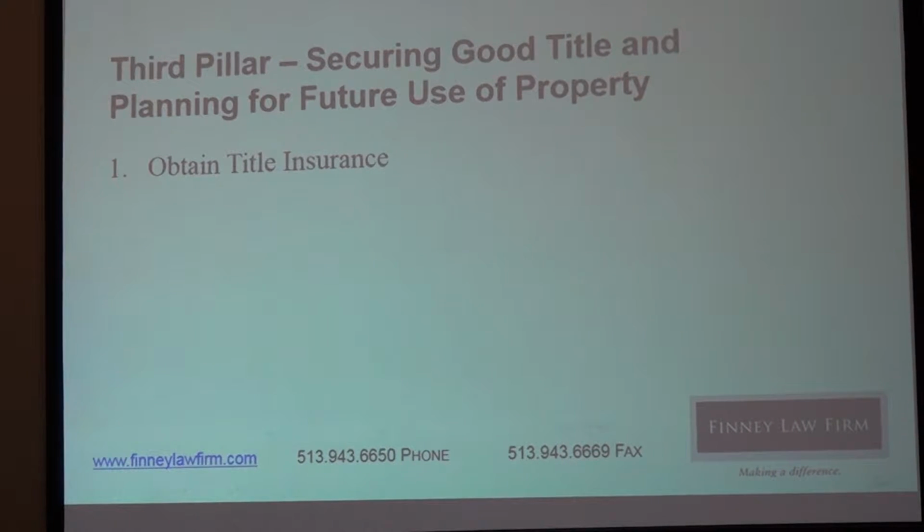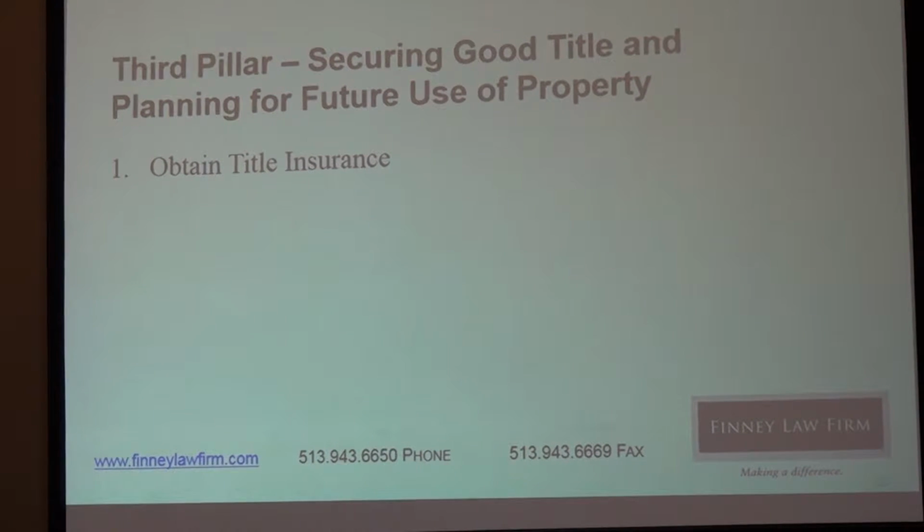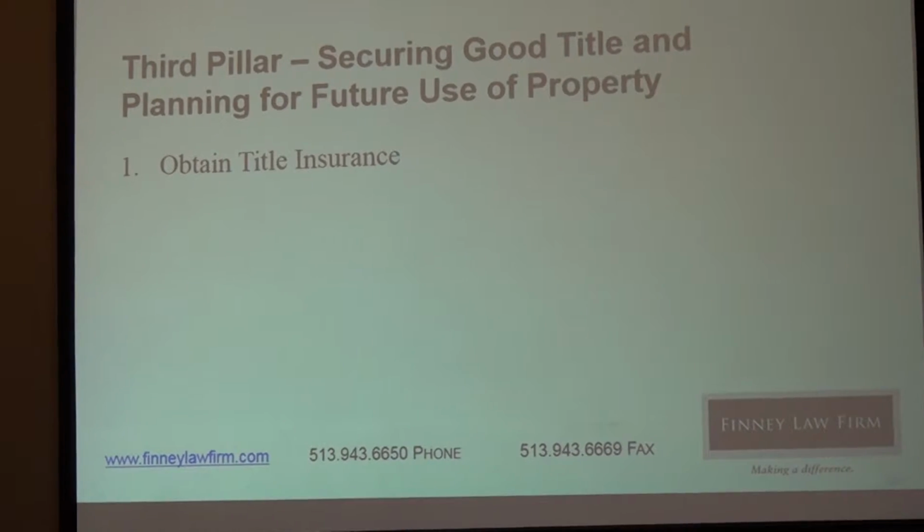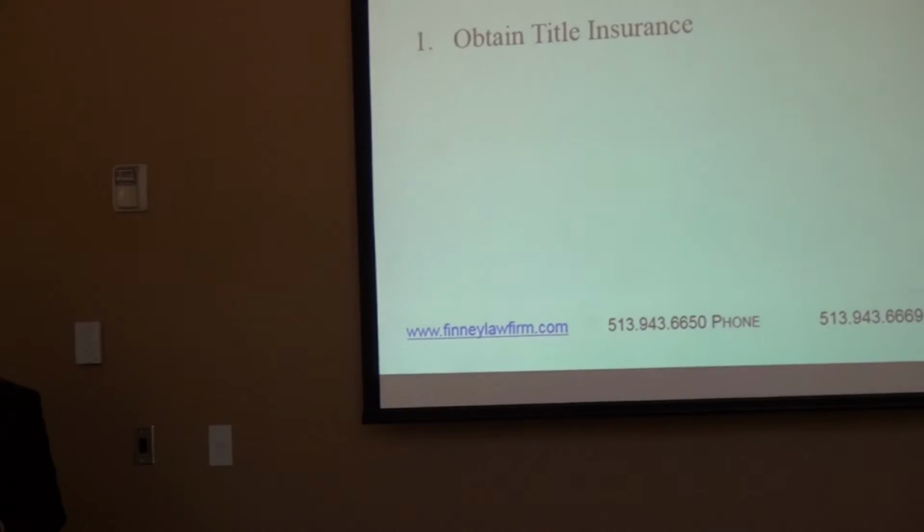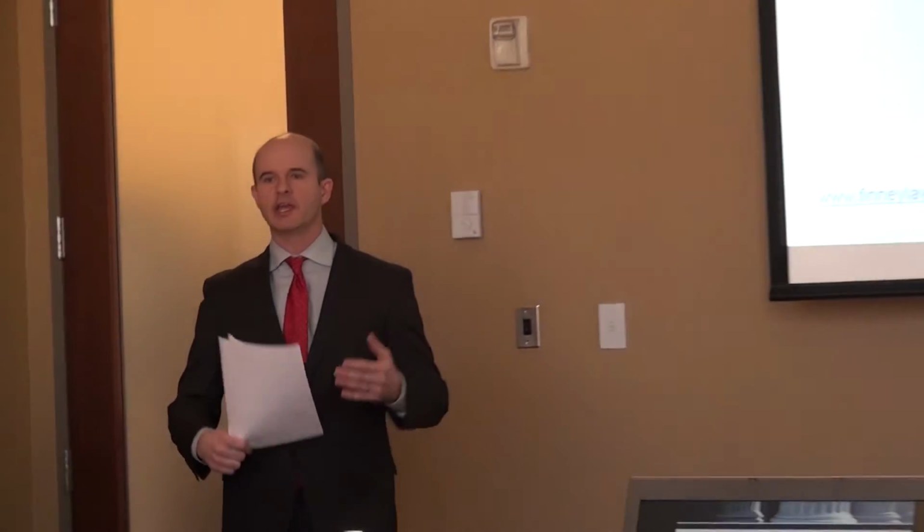So when you buy title insurance, it's basically an insurance policy that you don't have to worry about someday someone coming in bringing a claim saying that they were really the true party that owned that property or that they didn't have authority to sell or whatever else.